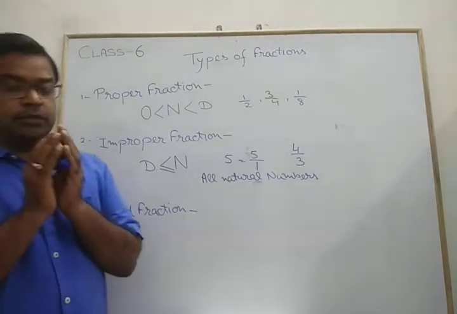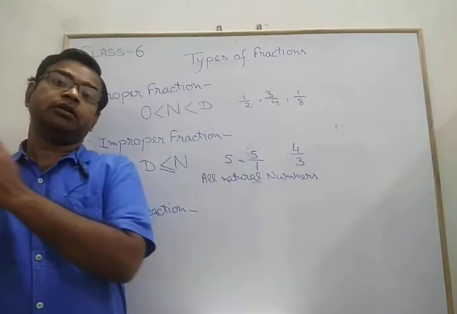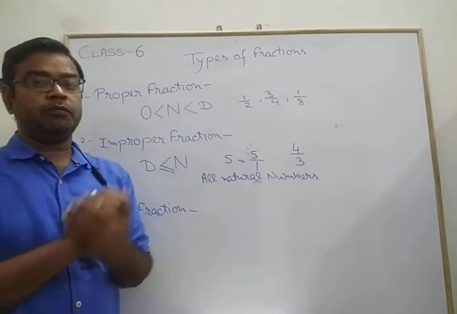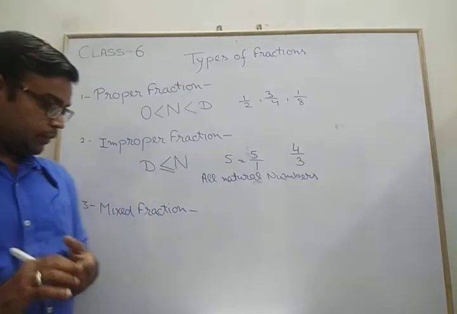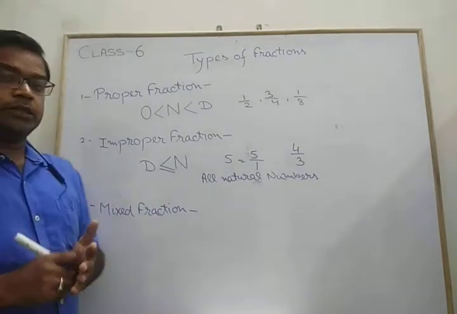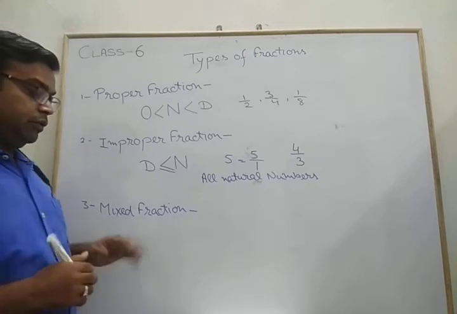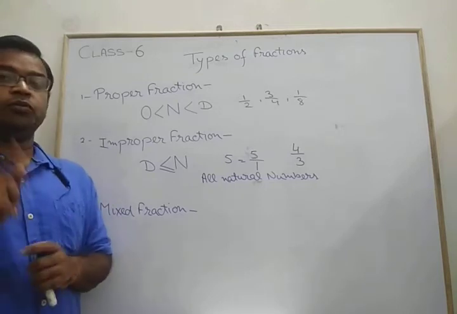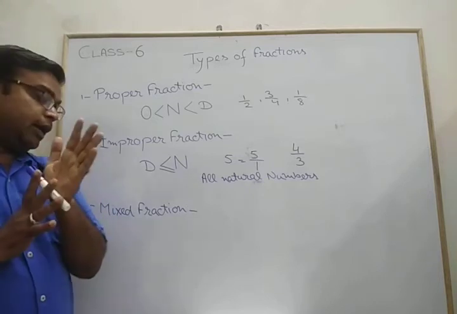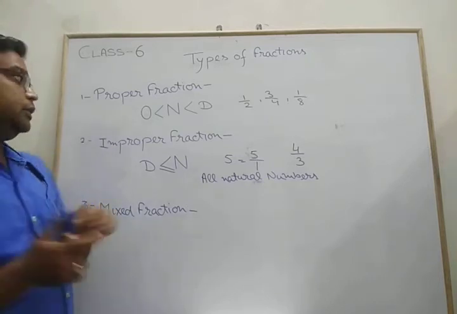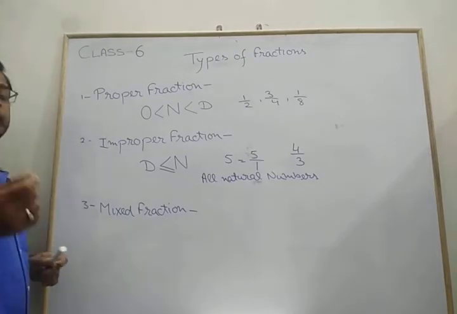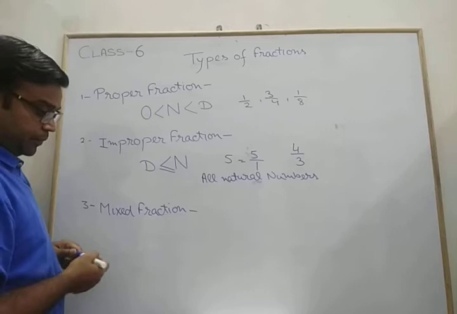It means in a fraction we have some part for a natural number or whole number and some part for a fraction. This type of fraction is known as your mixed fraction. In mixed fraction we have two parts: a natural number part, sometimes we can say whole number part, and then a proper fraction part. As we know, natural numbers start from 1 to infinity.